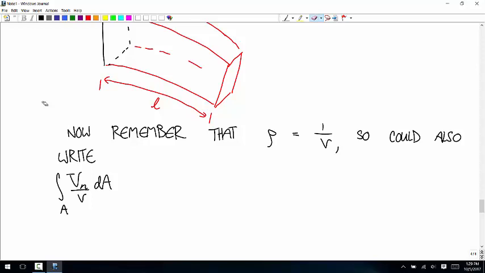If you're trying to see how much stuff is going through the doorway, and you have stuff going in every direction, the only stuff that's going to make it through the doorway is defined by having some part of your vector going perpendicular to the door.